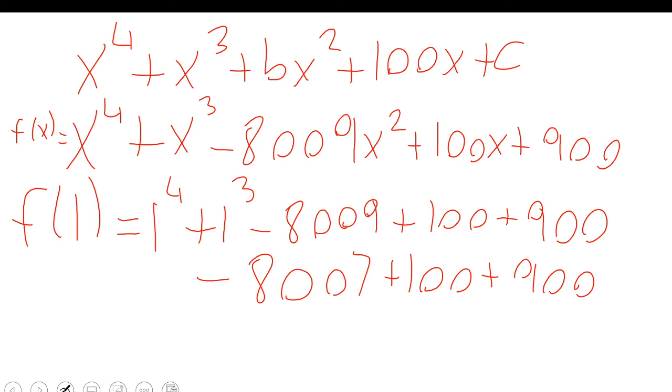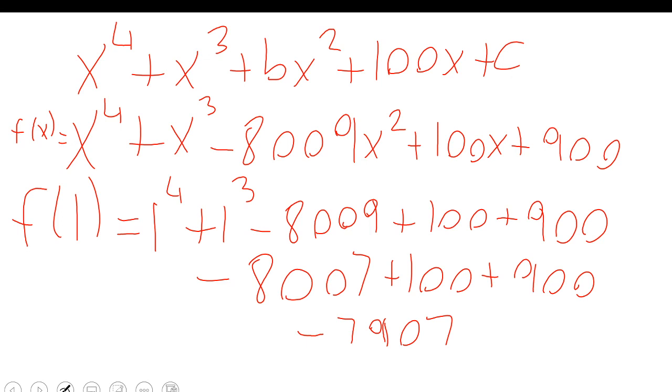Negative 8007 plus 100 gives me negative 7907. I think, if I did that right.